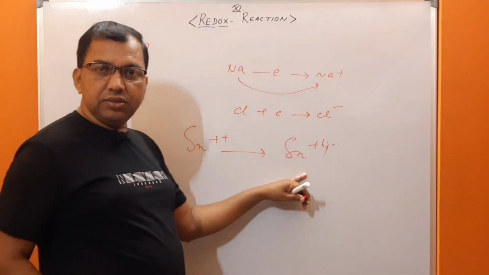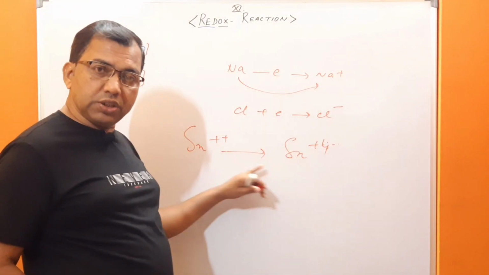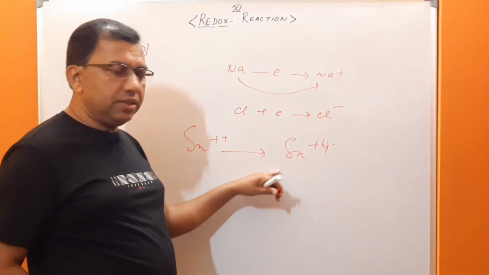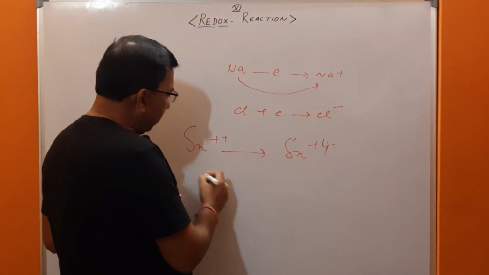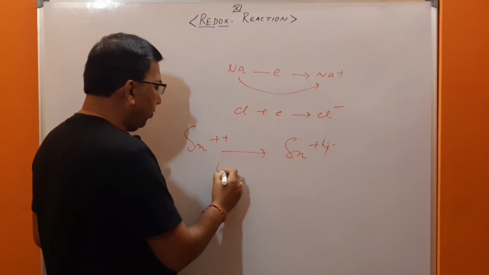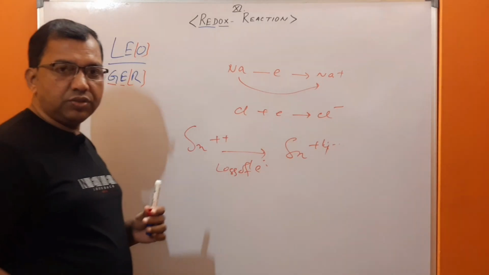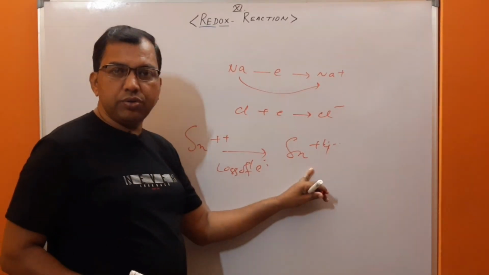Loss of electron means it is oxidation. Sn is oxidized to Sn4 plus.